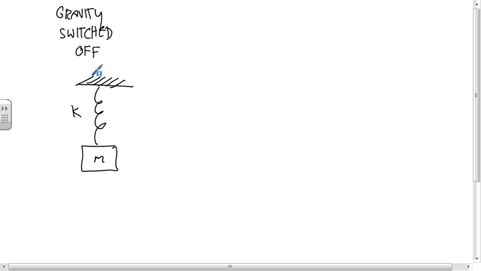Then when there's no gravity, this distance is some unknown length L, right?